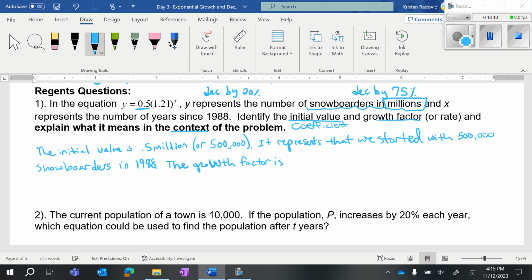So the base here is 1.21. The rate is r. Now, if this is a 1 plus r equation, r is going to be the 0.21.